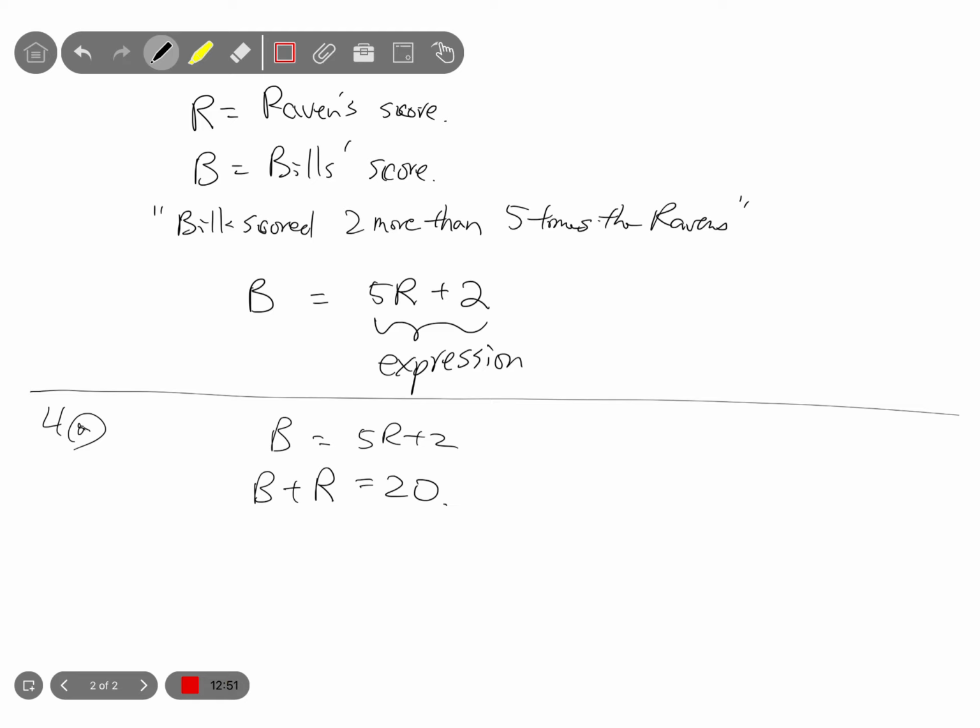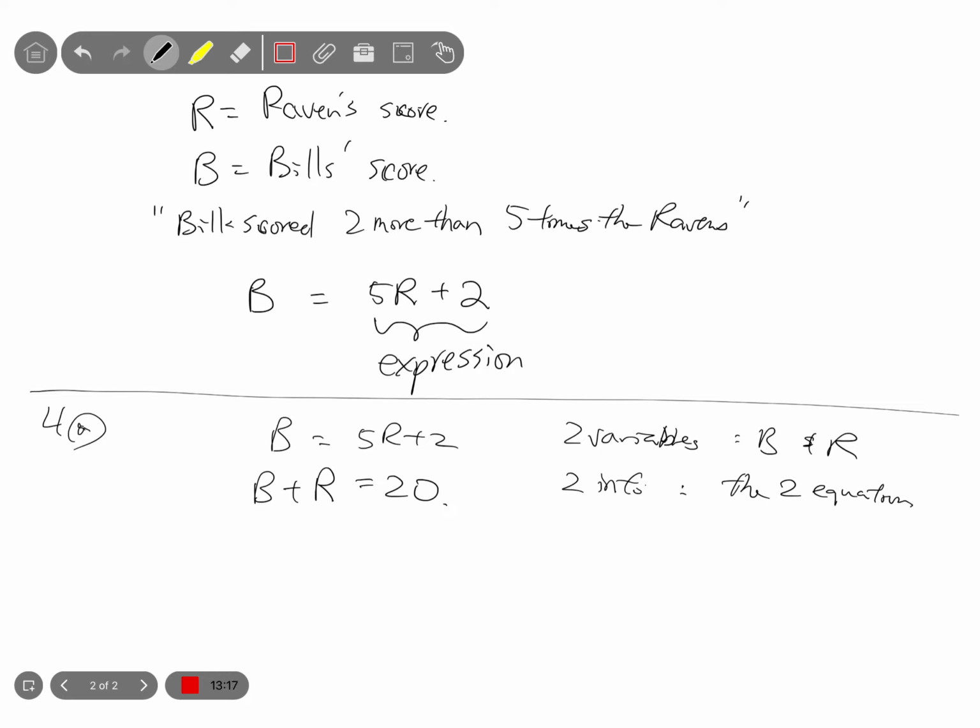Okay? Now notice, in this case, we have 2 variables, B and R, and we also have two equations. So if you have 2 variables and 2 equations, this means we can solve.